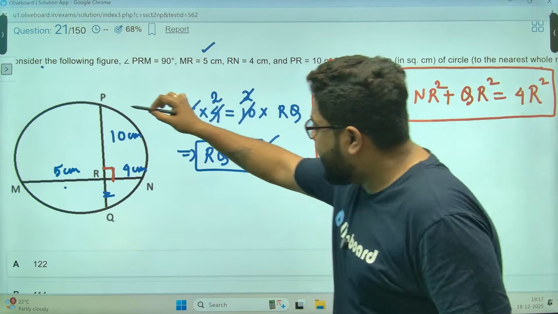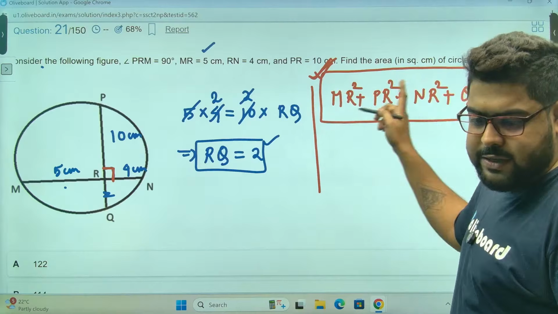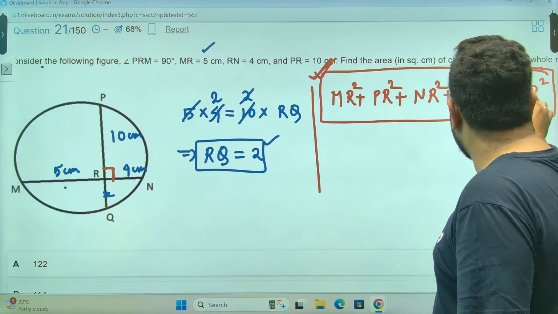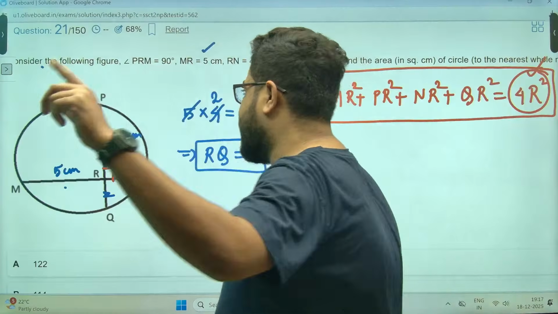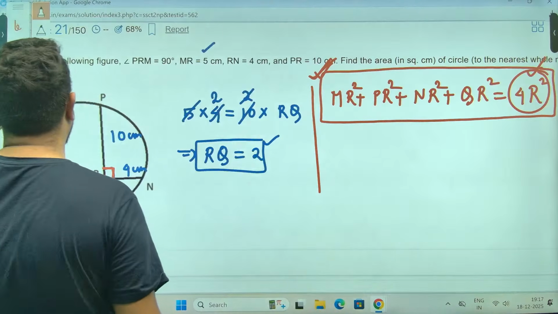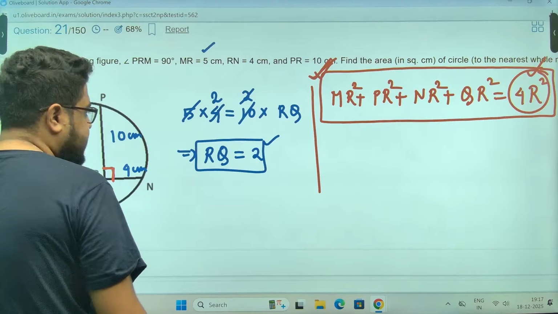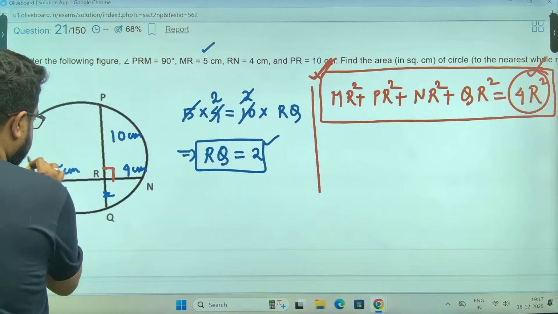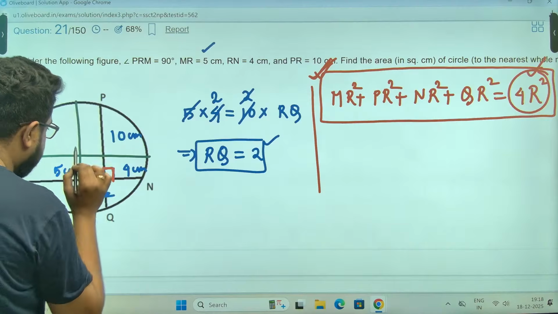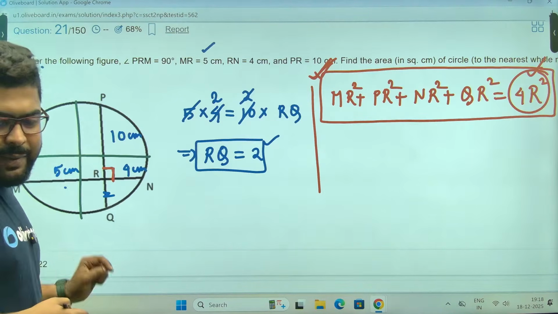You see, I've taken 4 such segments. The sum of the squares is always equal to 4 times R square. Remember it like this. Sir, think, if you join this, these two are the diameters.